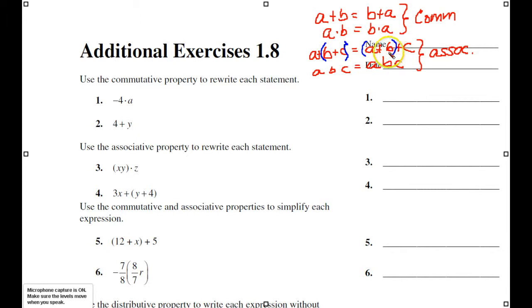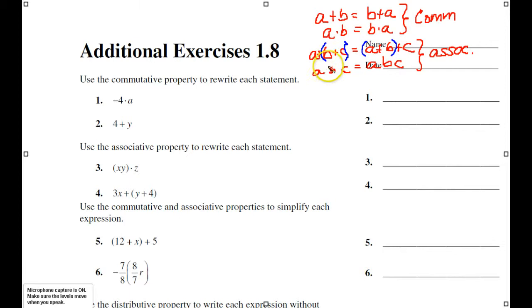So what does that mean? Because of the parentheses, we're going to add B and C first, then add the A. While here, we're going to add the A and B first, then the C. And these are equal, and this is referred to as the associative property, as we associate things through grouping symbols.